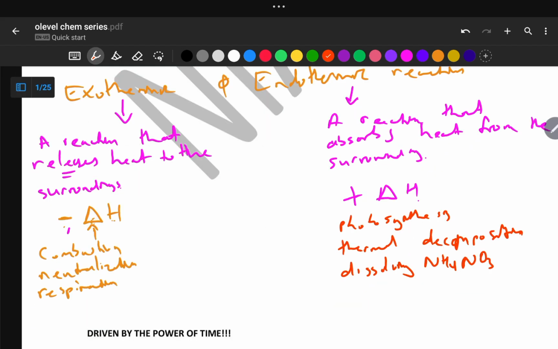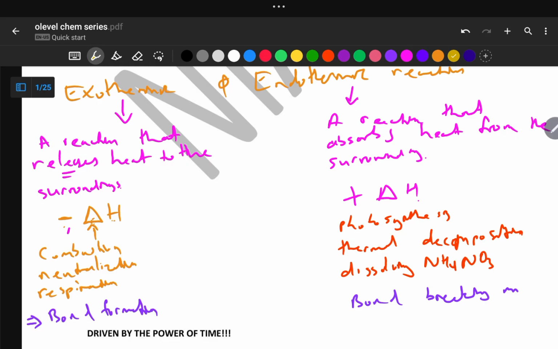An exothermic reaction is also defined as a bond formation mechanism, and an endothermic reaction is also defined as a bond breaking mechanism, right? This is what you need to understand. Are we together? So for O level, we want to explain the energy profile diagram.